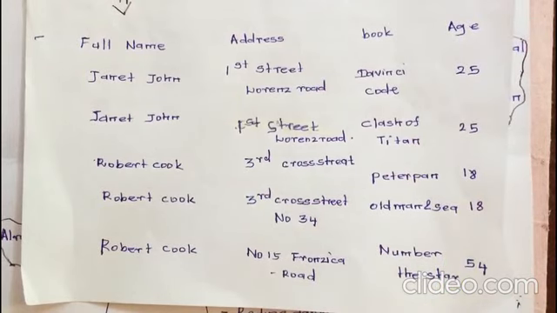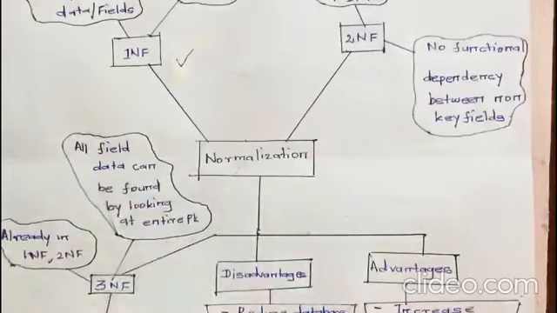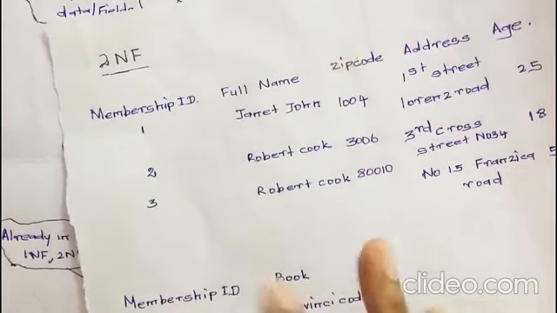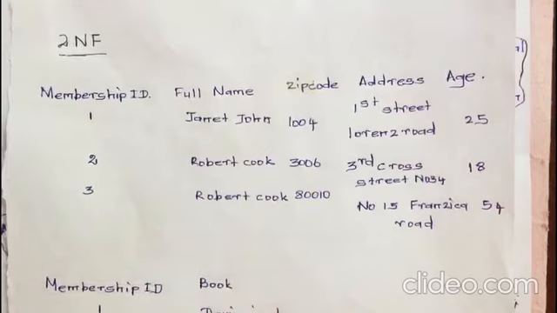But in the second normalization form, the condition is there should be only one primary key attribute.